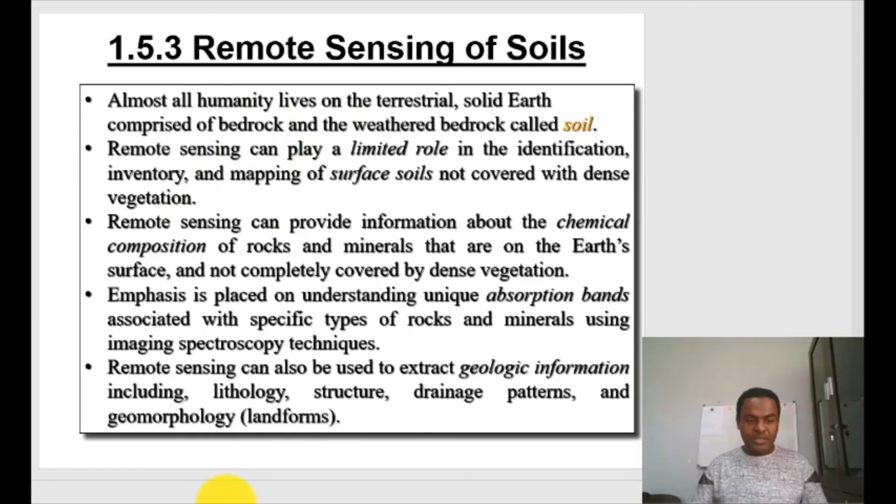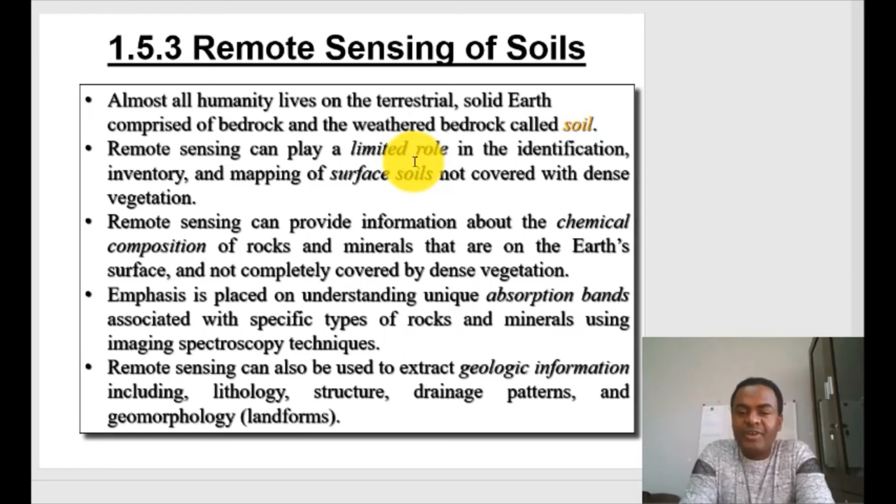Our final topic is remote sensing of soils. Remote sensing can play a very limited role in the identification, inventory and mapping of surface soil, and if it is covered with dense vegetation, it plays an even more limited role.